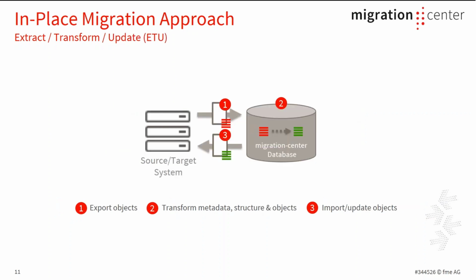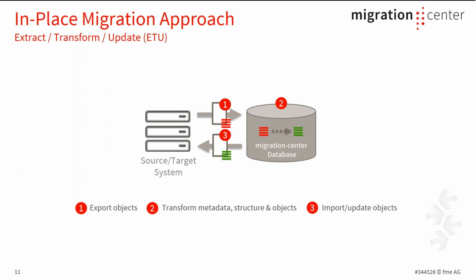But in contrast to this, the in-place migration approach looks a little bit different. The first step stays the same. So you extract all the objects with their metadata, and only the metadata, not the content, from the source system. In the second step, you transform the objects to match the target folder structure and the target object model.